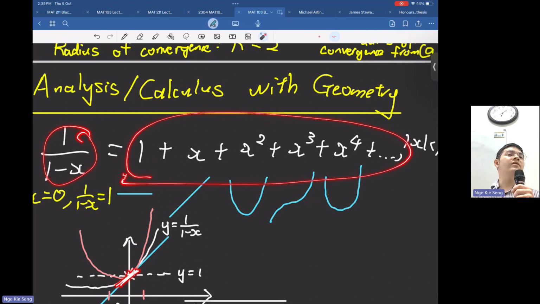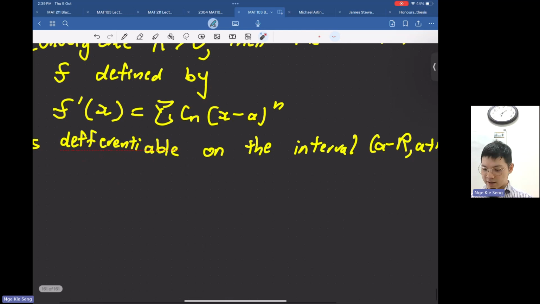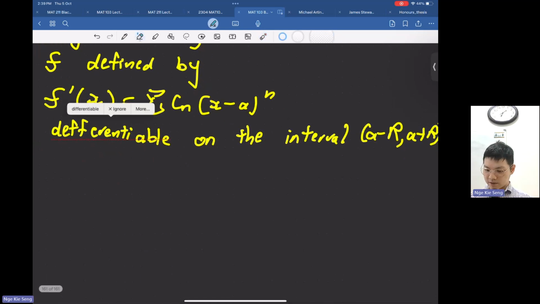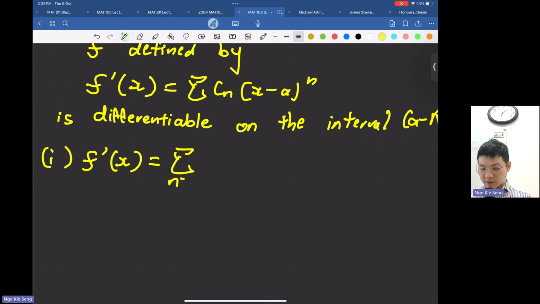So how to differentiate a power series? We differentiate term by term. The first thing we get, differentiating term by term, is n times cn times x minus a to the power n minus 1.